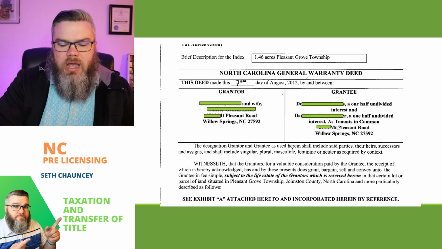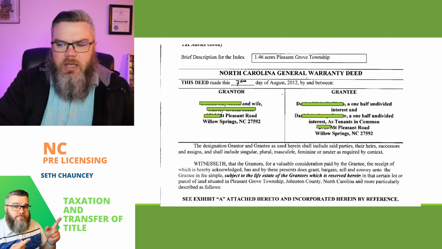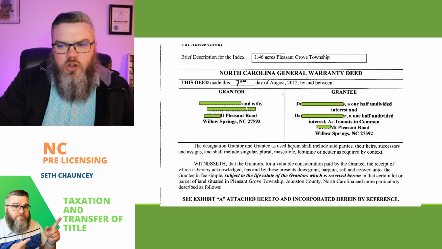But more than that, this is also a conventional life estate. It's probably not the way that you thought a conventional life estate would look, but look right here. They named grantor, grantee, but it says subject to the life estate of the grantors, which is reserved herein. So they basically created something that would bypass probate. They still are the legal owners of it so long as they are alive.